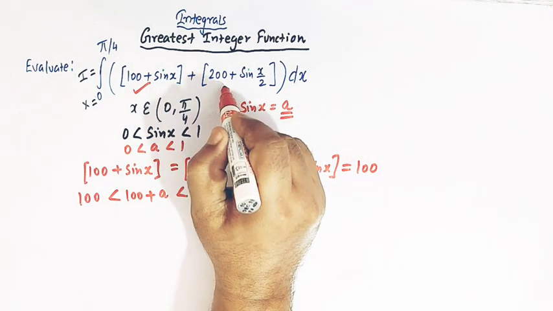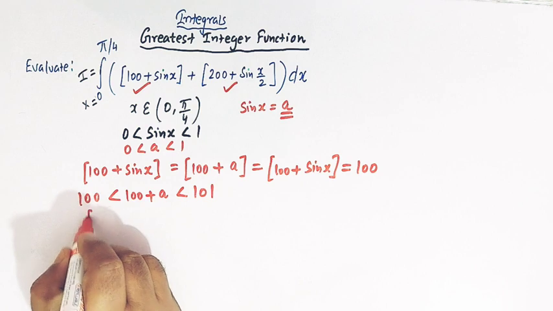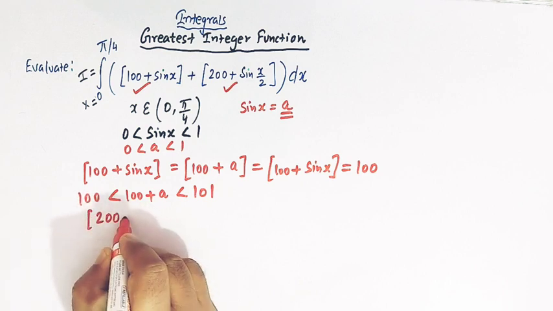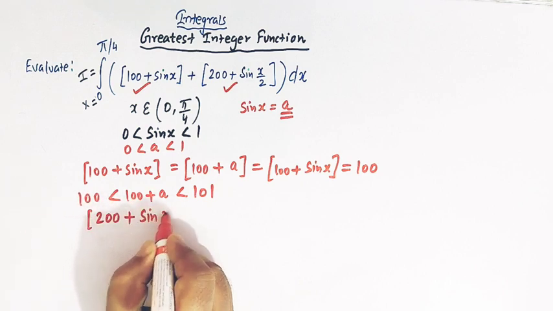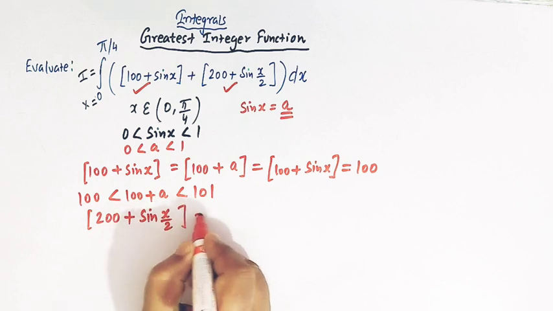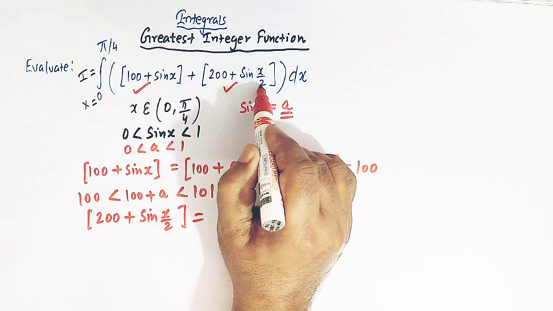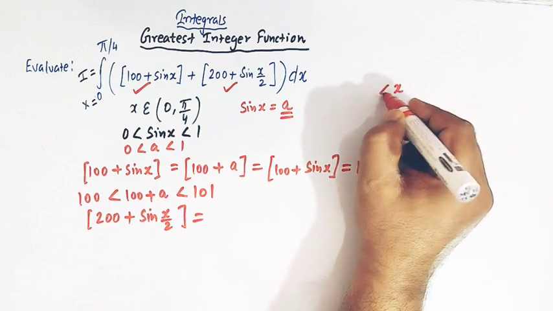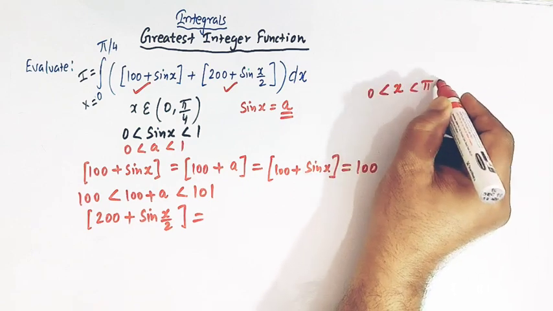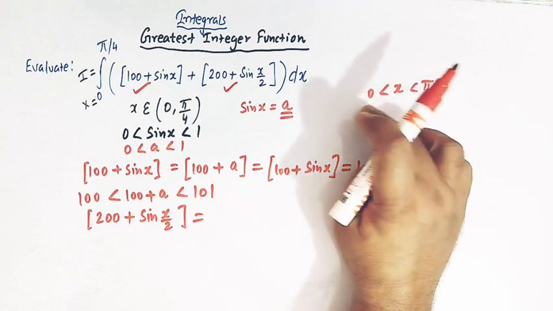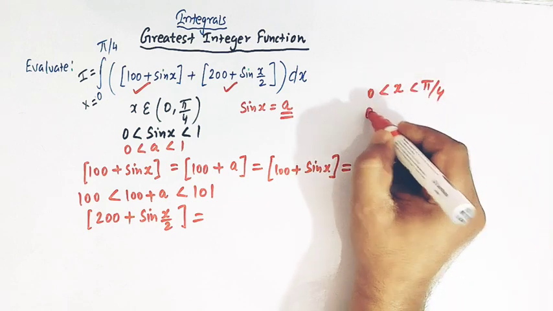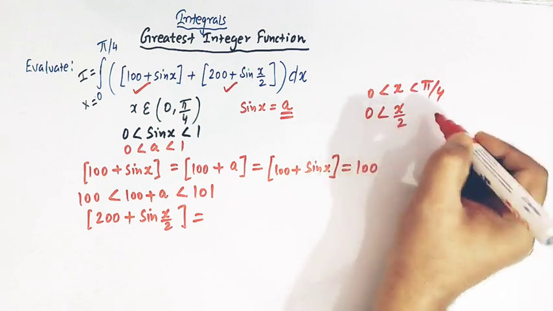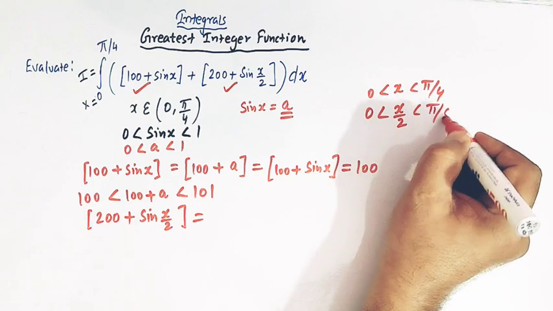Similarly, if we take the second term, we have the greatest integer of 200 plus sine x over 2. Now see here the angle is x over 2. When x lies between 0 and pi by 4, if we divide throughout by 2, we get 0 and x over 2 and pi over 8.